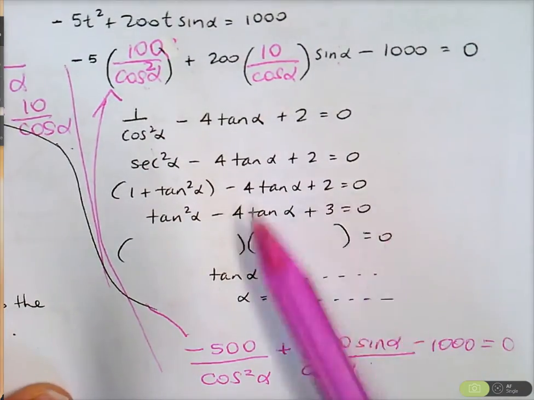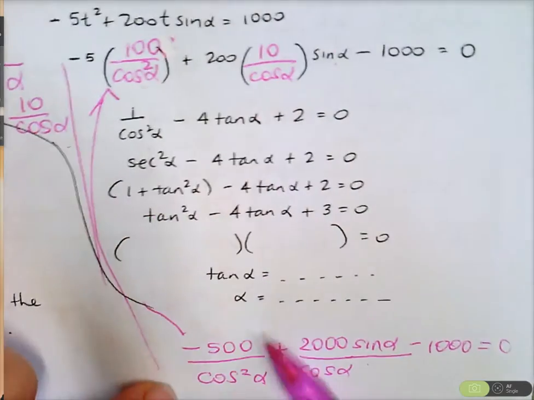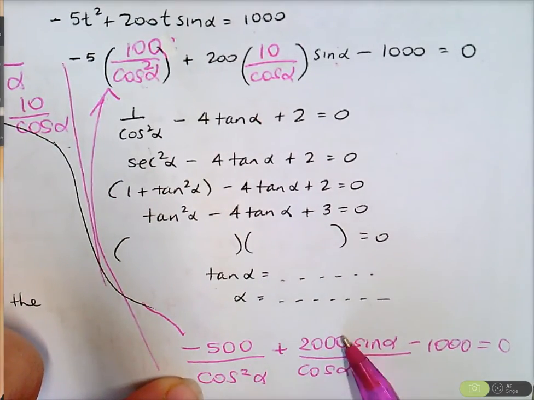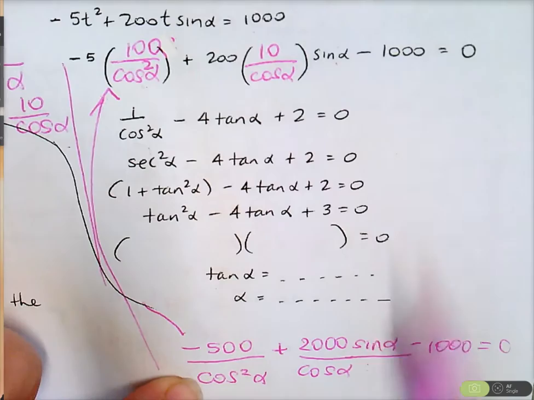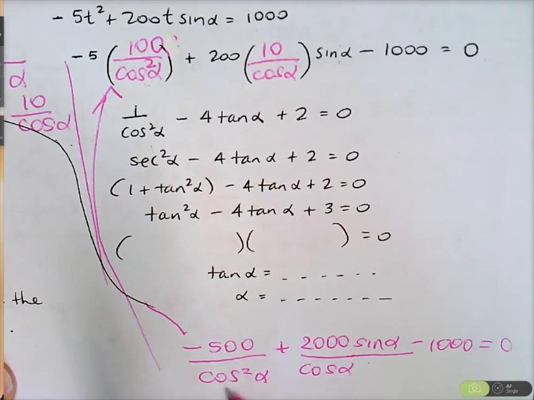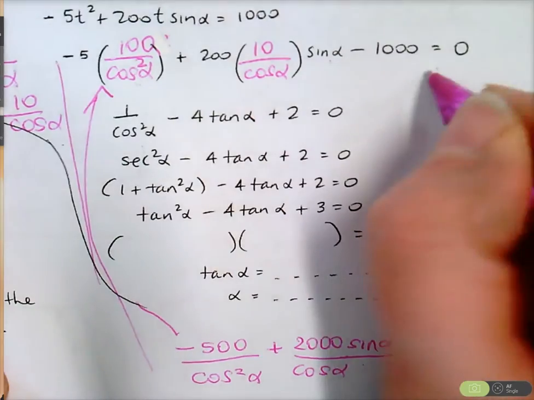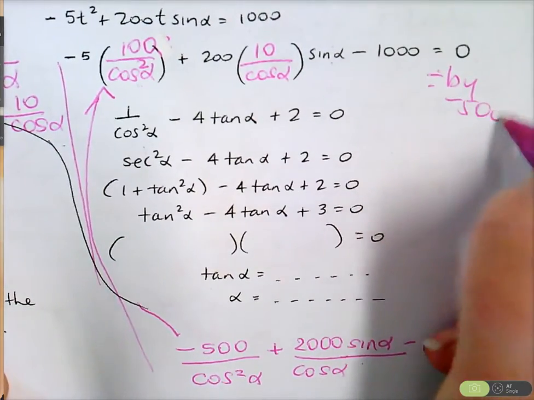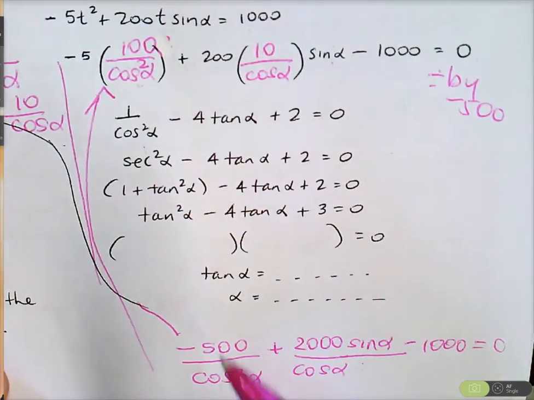So we're missing a line in between. We've got negative 500 over cos squared alpha plus 2,000 sine alpha on cos alpha minus 1,000 equals 0. Now we're going to divide through by negative 500.